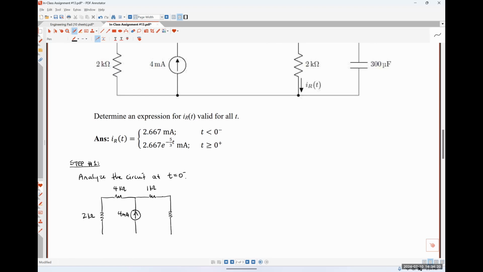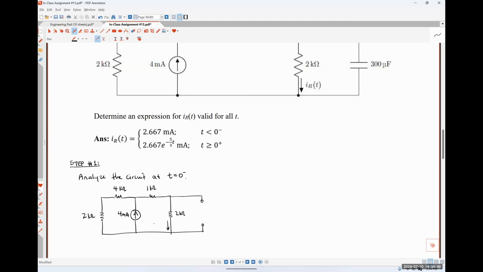I have a 2 kilo ohm resistor over here. And then on the right-hand side, I'm going to put my capacitor. But I'm not actually going to put my capacitor here because we are at DC steady state. We're at the time before our switch changes state. So I'm just going to replace my capacitor with its DC equivalent, which is just an open circuit.